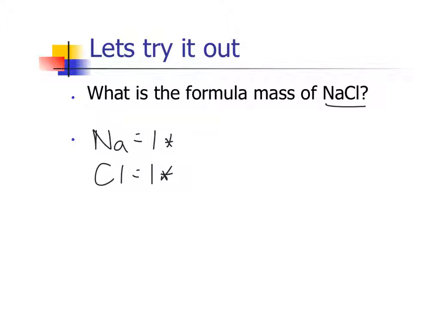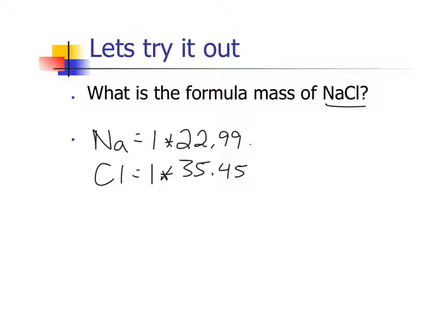So for sodium, you would look on sodium and you just find the molar mass to be 22.99. It would be a lot easier in math if we just went 23, but Mastering Chemistry does it this way. For chlorine, you're going to need to look it up again and see that it's 35.45.